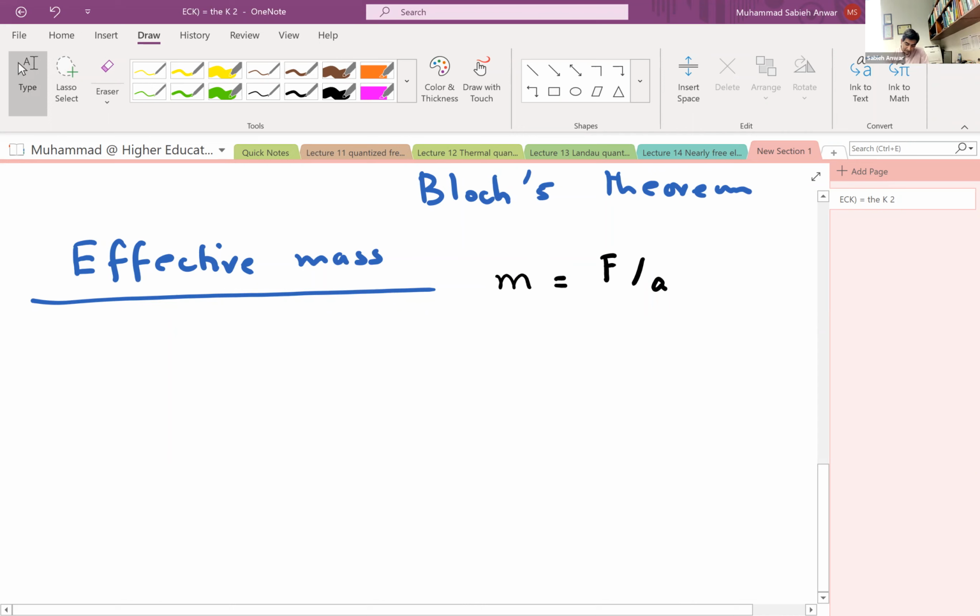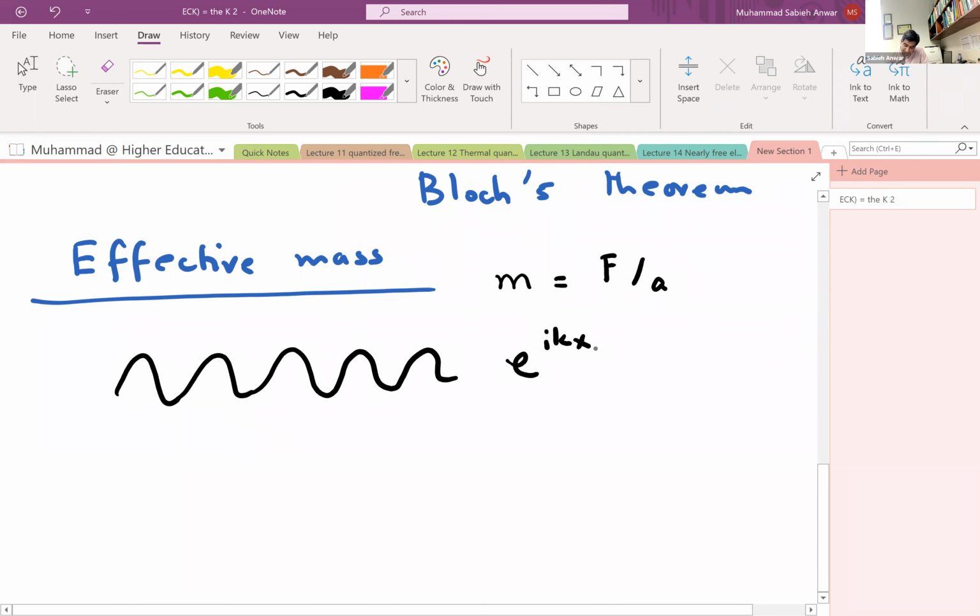If I have a plane wave, e to the i(kx minus omega t), this object in time might be moving with a certain velocity. That velocity is called the phase velocity, which is omega over k.